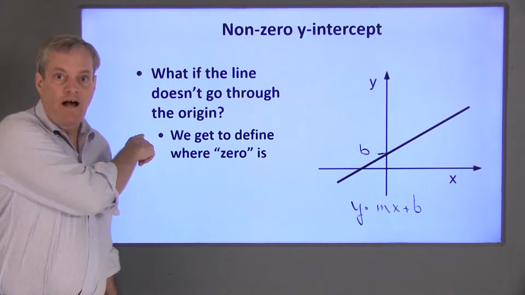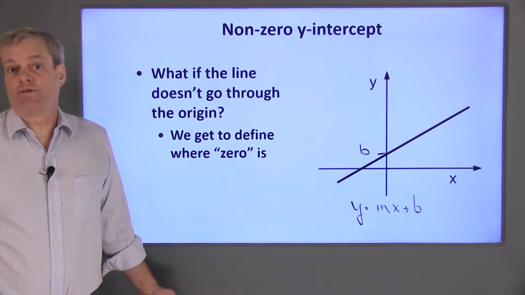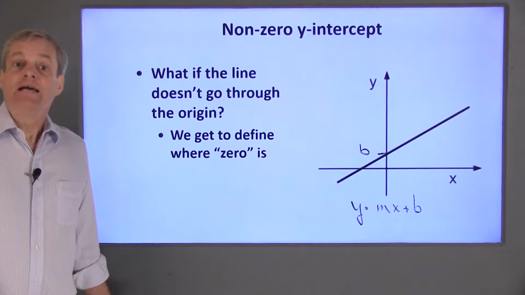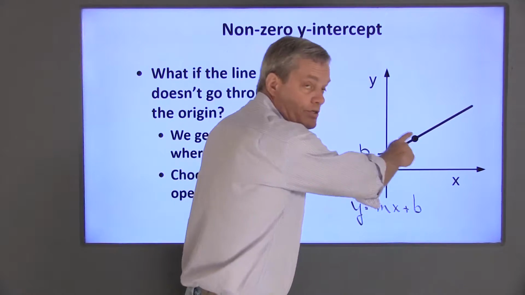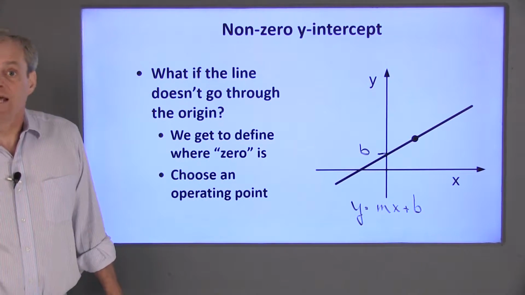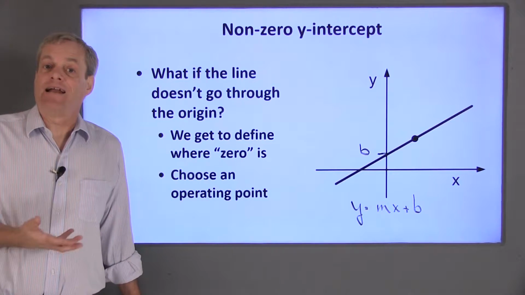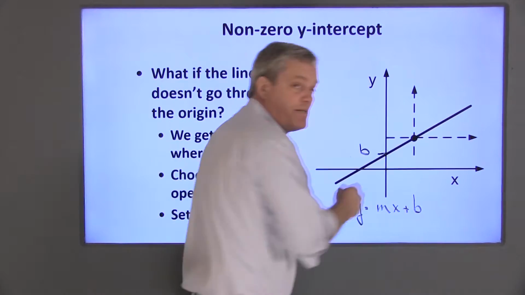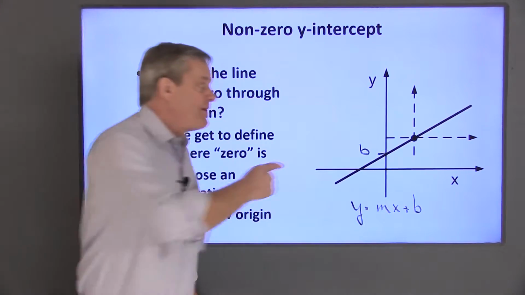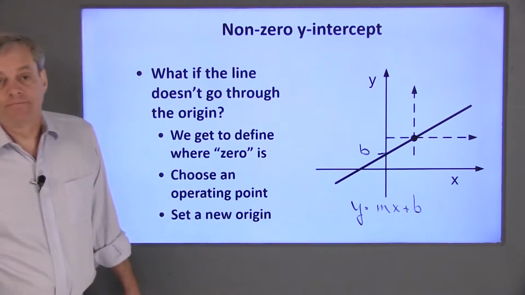We just redefine where 0 is. 0 is a relatively arbitrary value. In the case of linear systems, we can choose an operating point, which is also called the equilibrium point, as a reference point for any analysis that we do. Then we define a new coordinate system, which has the operating point as its origin.